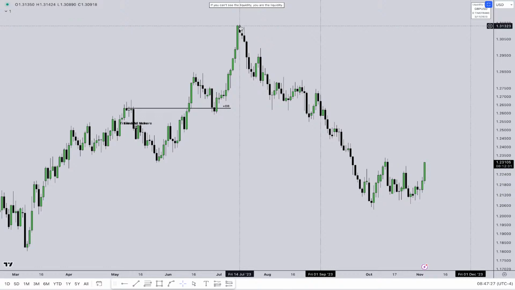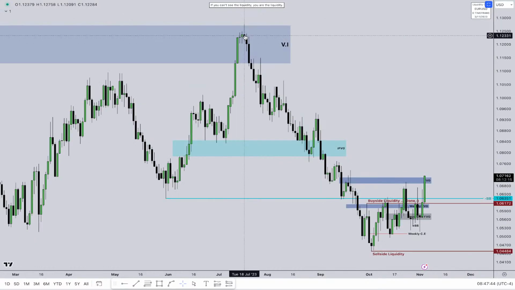And then we just started trading lower. Let's take a look at Euro. The same thing has happened in Euro, but this was a bit delayed. We formed the high on the 18th of July 2023, and then we traded lower. But you can see how we formed a fake bottom here.